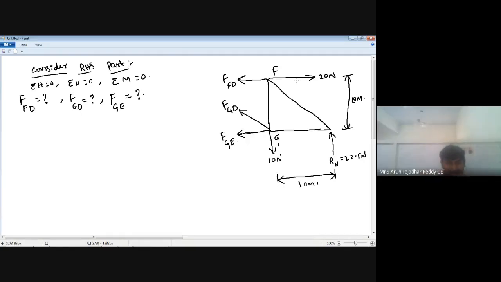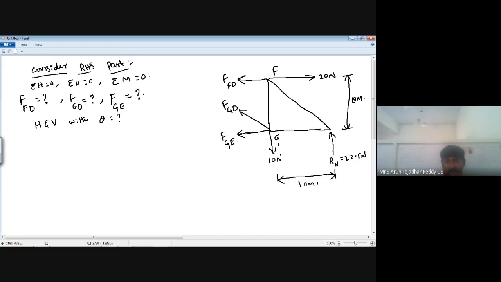See here, FGD is the inclined member. So if our member is inclined in nature, then what should we do? We should resolve the forces into horizontal and vertical with angles. First of all, you need to find the angle, because here he did not mention any angle in this given problem.